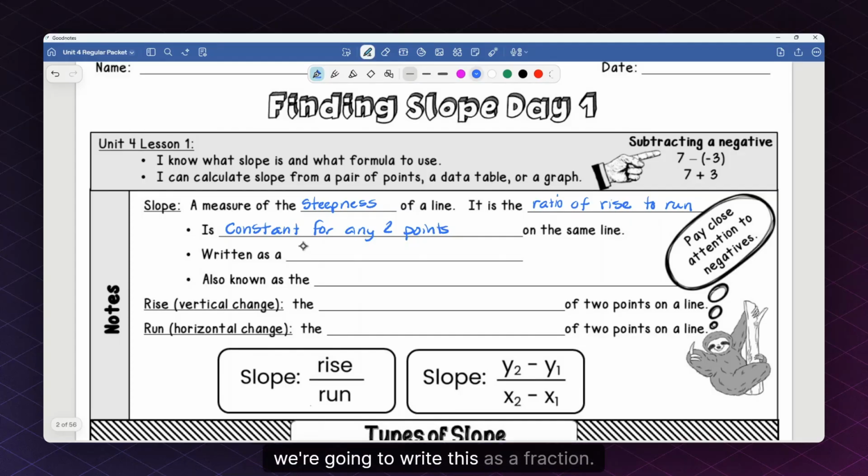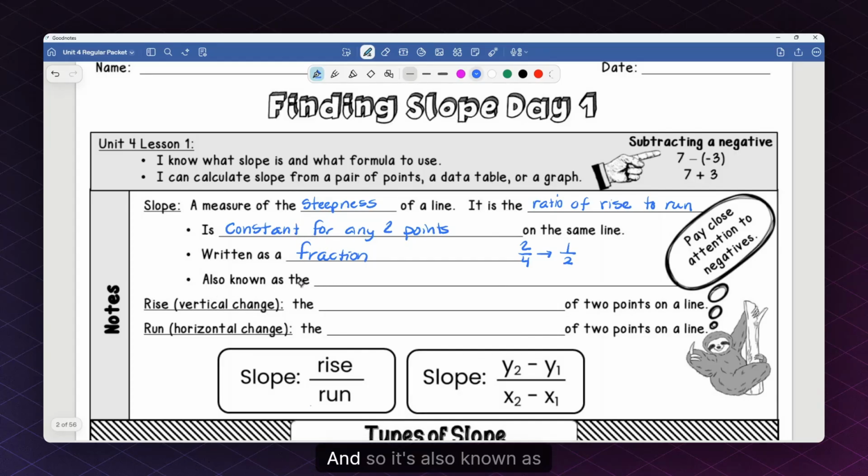We're going to write this as a fraction. You may have to reduce your fraction, just like you did when you were first learning fractions in school. So if we had, say, 2/4, you would have to reduce this to 1/2. But slope is often written as a fraction.